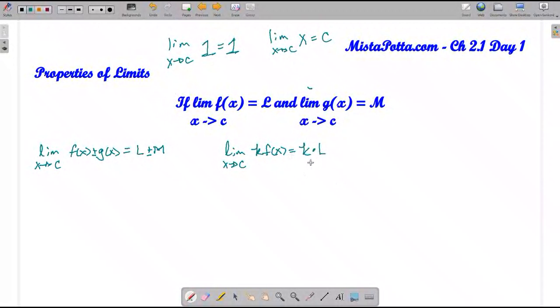And in the same vein, instead of just multiplying a function times the scalar, I could also look at multiplying my function times another function. So I could look at f of x times g of x. And that should give me L times M.